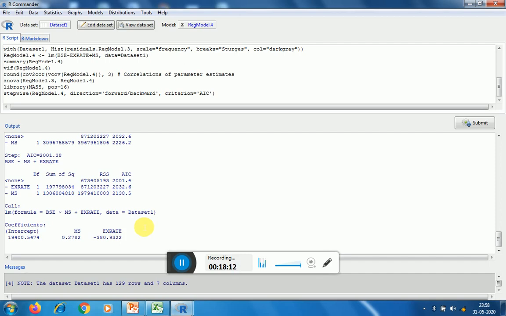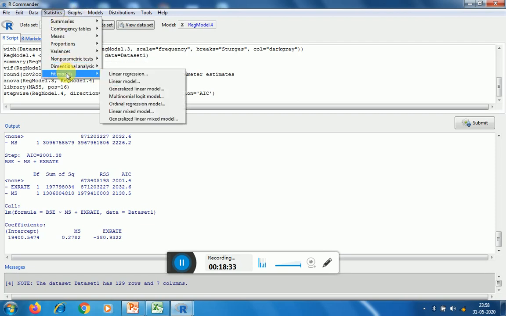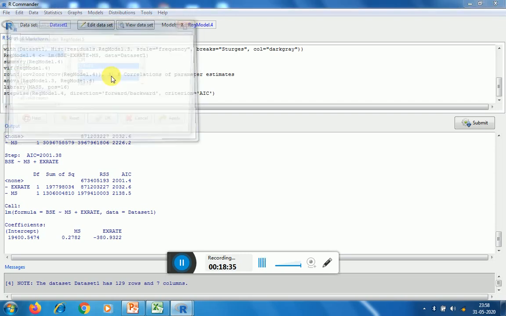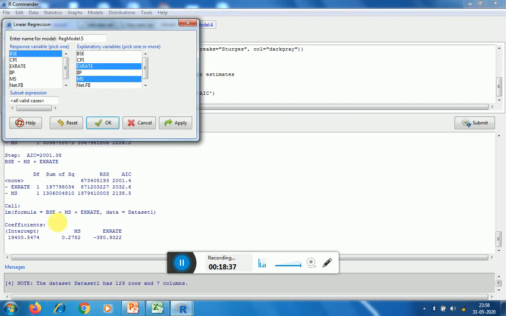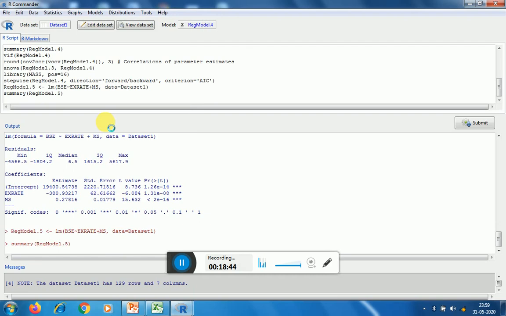So before performing multiple regression analysis, it is always better to perform the stepwise regression first, then identify these variables, and then once you identify these two variables, you can directly go into your multiple regression analysis and fit the model, linear regression, and then select here only two, so money supply and this, and then you get the output.